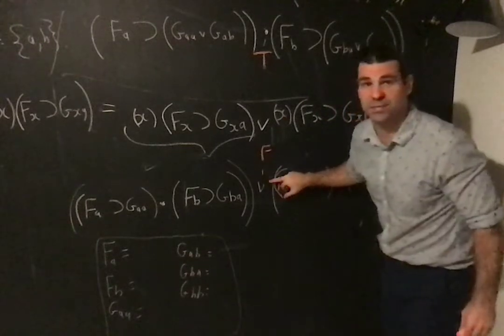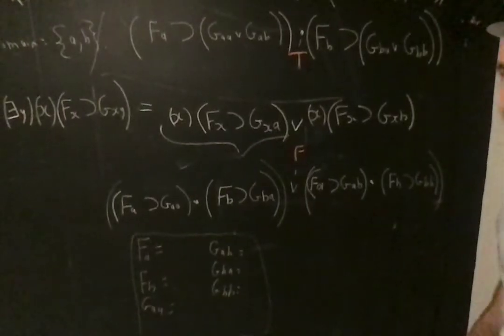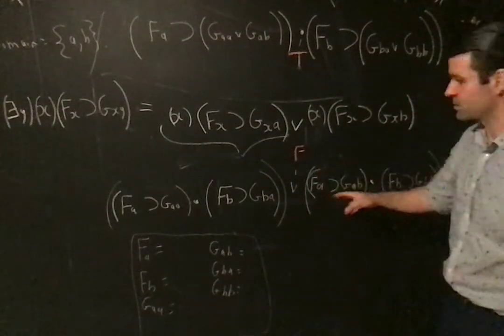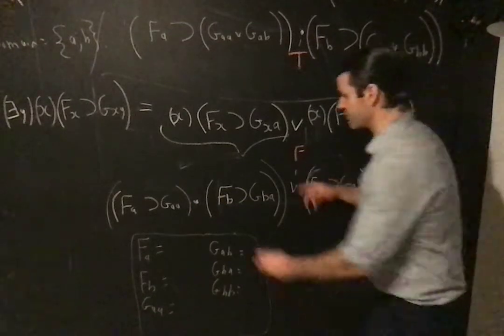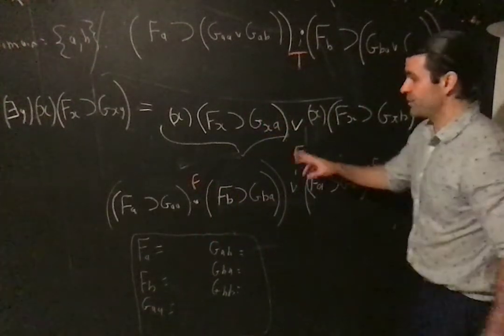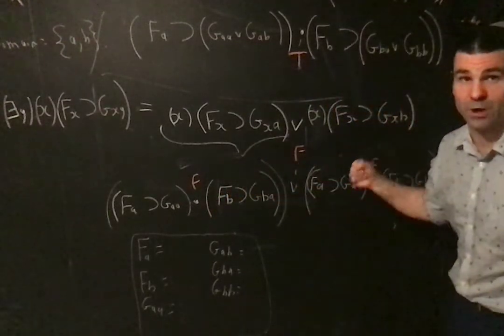We've got to make this disjunction false, right? So we have to make both of the disjuncts false. So this has to be false, and this has to be false, okay? These are both conjunctions, so we satisfy that requirement.